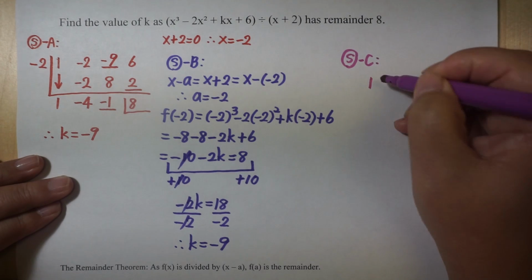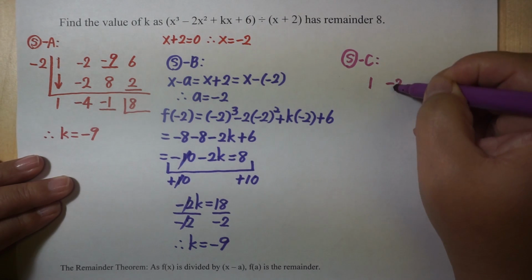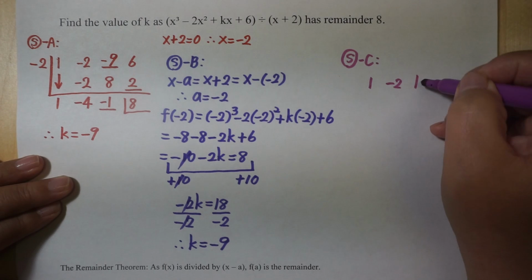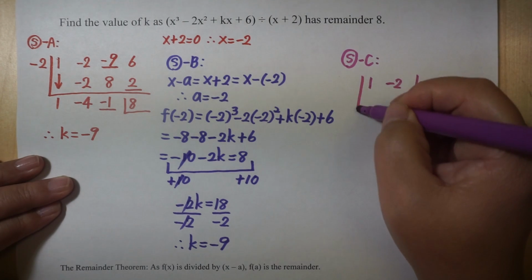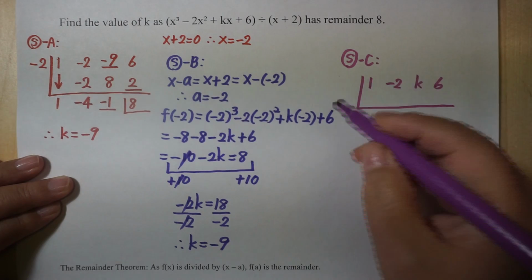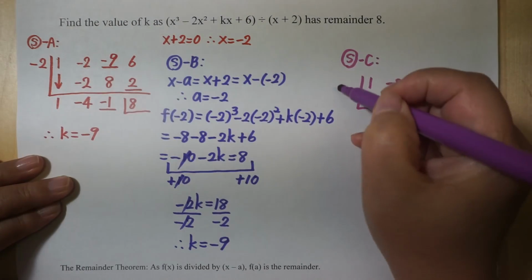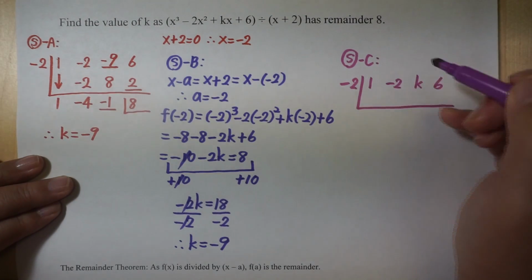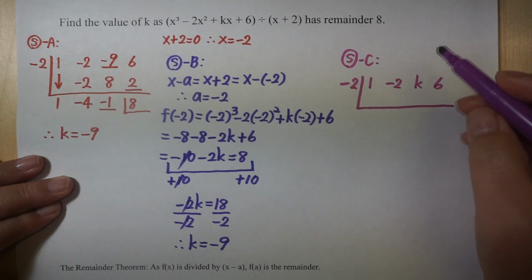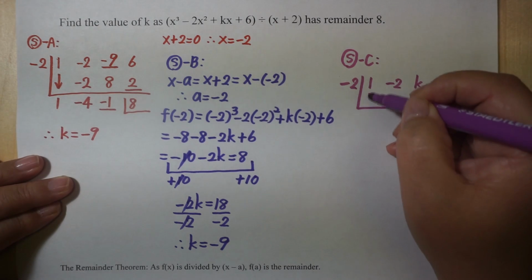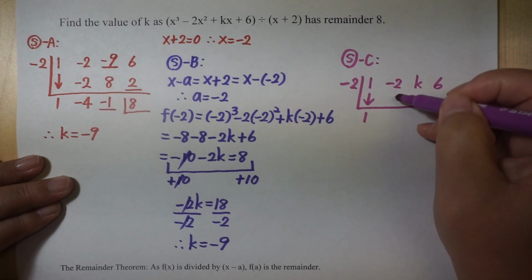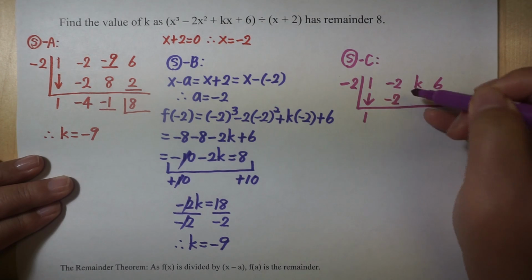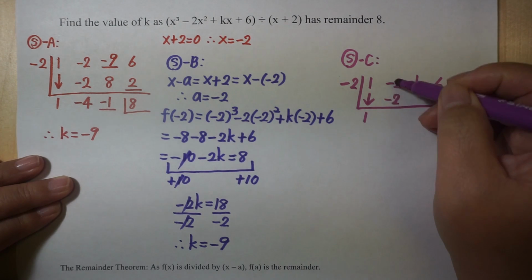So 1, negative 2, k, and 6. And then I'm going to make a box, and we're going to use the same number negative 2 here because it's the same divisor, right? And then we're going to bring down the first number here, and then we're going to multiply negative 2 and the 1, which is negative 2, and then we're going to add these together.